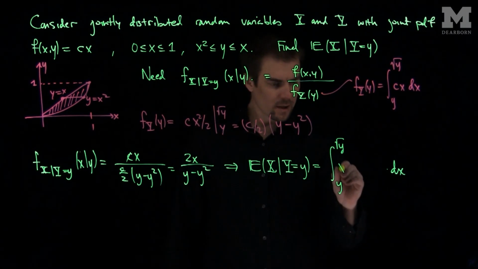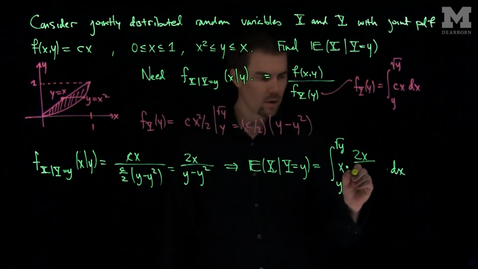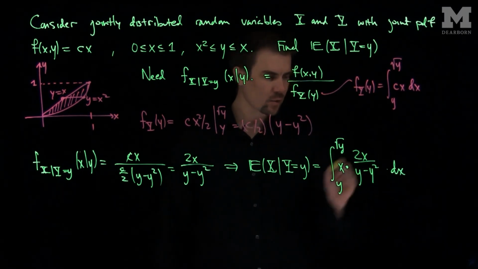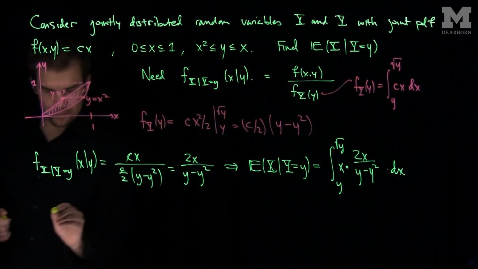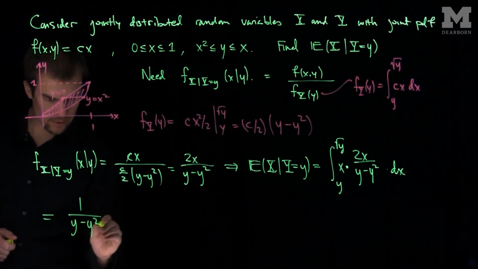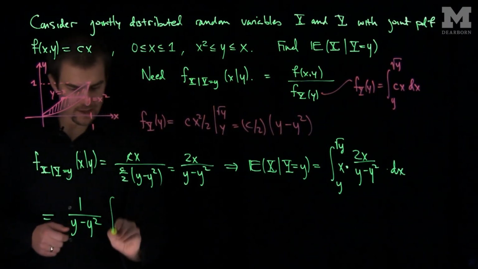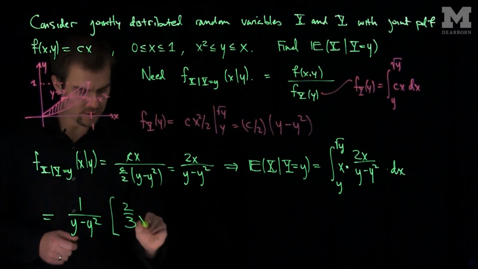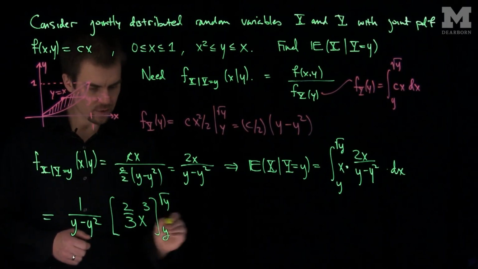Then I do x times the conditional PDF, so I'll have 2x over y minus y squared. We can pull that y minus y squared out of the integral, so this is 1 over y minus y squared. What's left of my integral is 2x squared, which integrates to 2/3 x cubed from root y down to y.